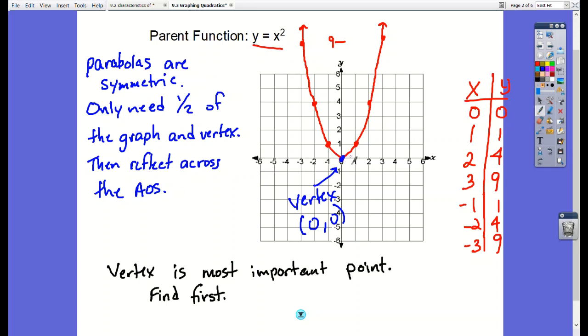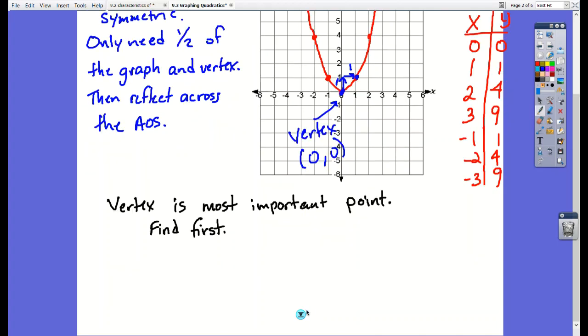To find this first point right here, all we have to do is go up 1, right 1. That's it. That's always going to be true when our leading coefficient is 1. So when A equals 1, that's our leading coefficient.